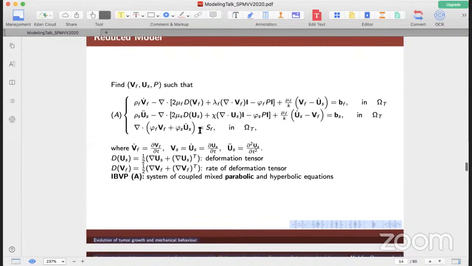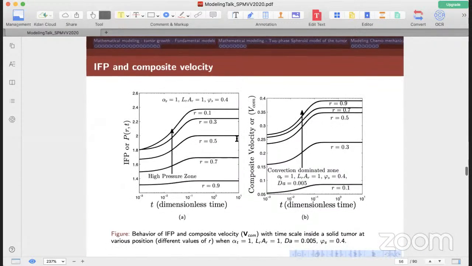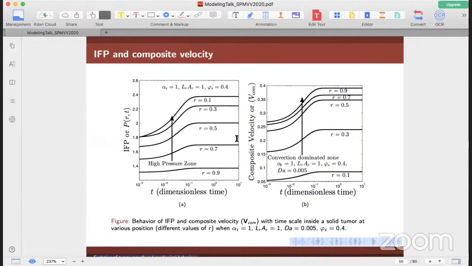It's simple, but it's coupled. If you write it for 1 dimension, you can solve and discuss. You can identify with time. We are assuming a radially symmetric tumor, that means it's a ball. So inside the ball, how the tumor growth is happening, and nutrient molecules are transported.